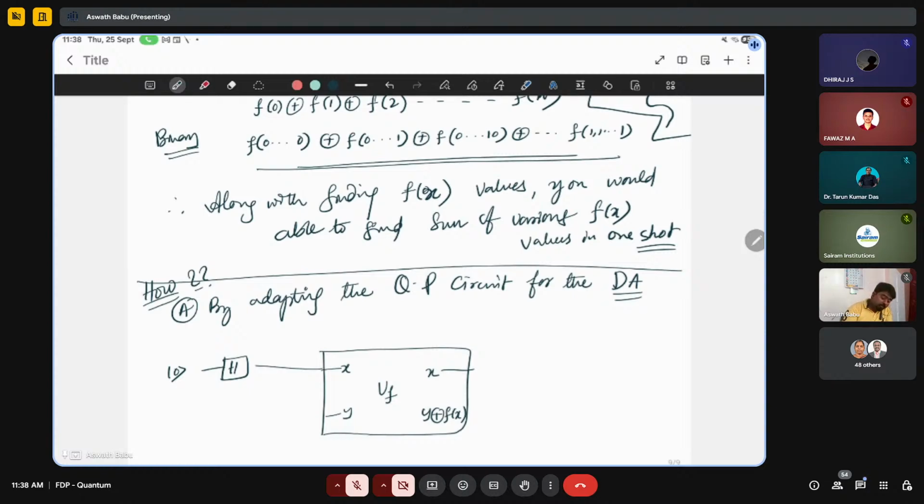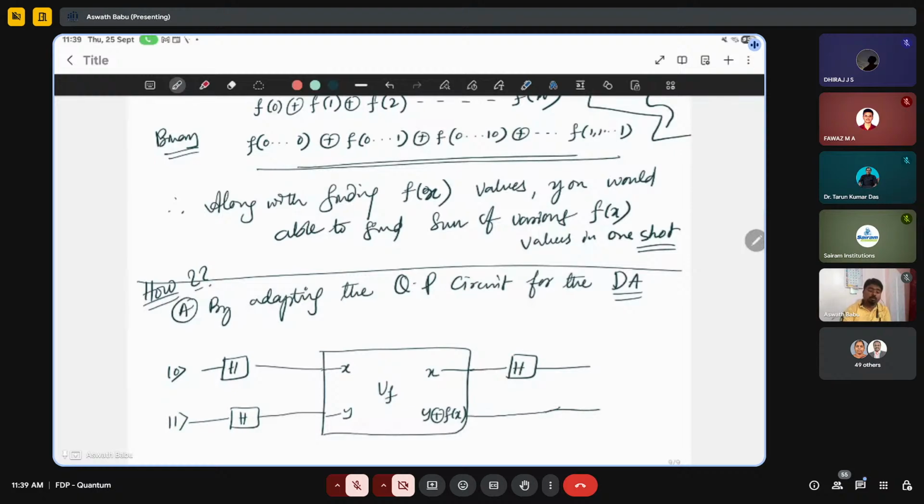Instead of just leaving the target as a single bit, we will have the target as one, and we will have one more Hadamard for the target, and we'll send it through, and we'll have a Hadamard at the control to put back the state into the old form.